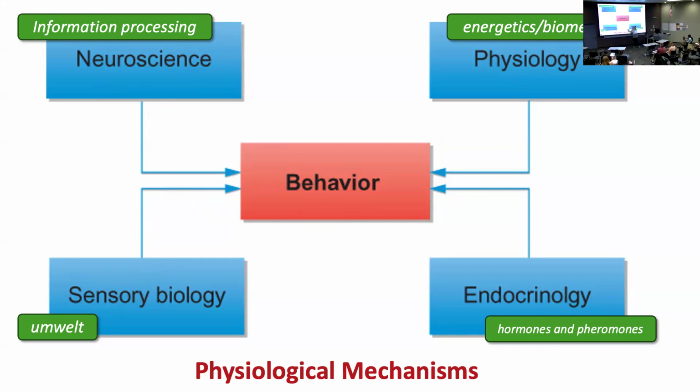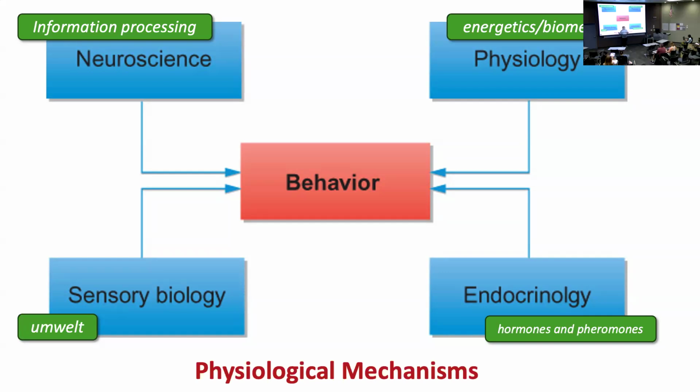There's nothing about this diagram that's important, but it's more that endocrinology, you wouldn't think necessarily, has anything to do with behavior. That's about these metabolites floating around in the bloodstream and hormones and all of that. But actually, in order to understand what's going on in behavior, it's really useful to also know what's going on inside the animal.